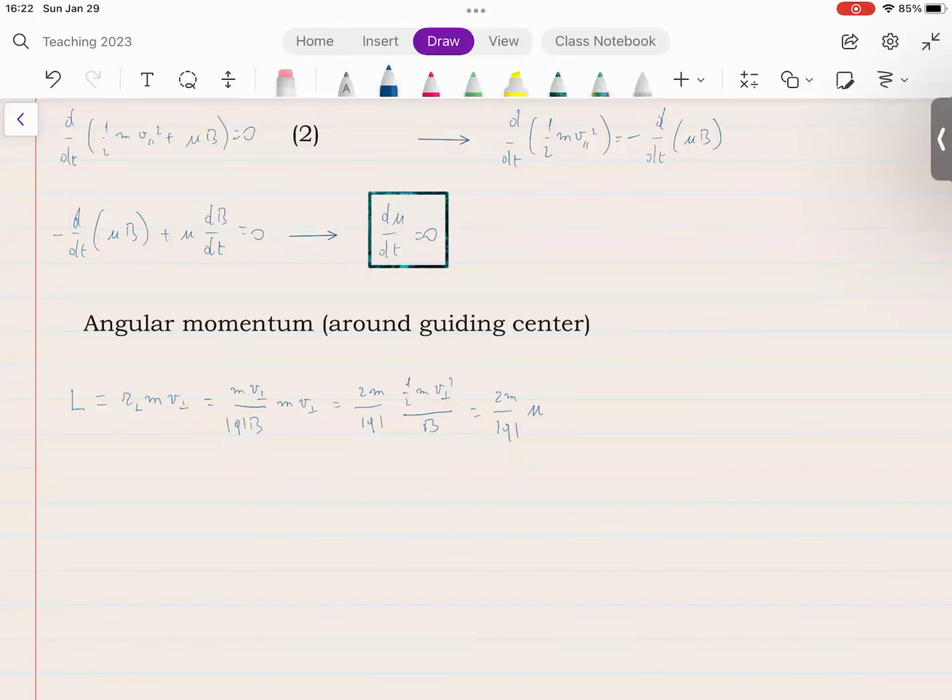In other words, I can just look at this expression and interpret the conservation of the magnetic moment as the conservation of the angular momentum, because the two are related by constants that, of course, are not going to change during the motion.